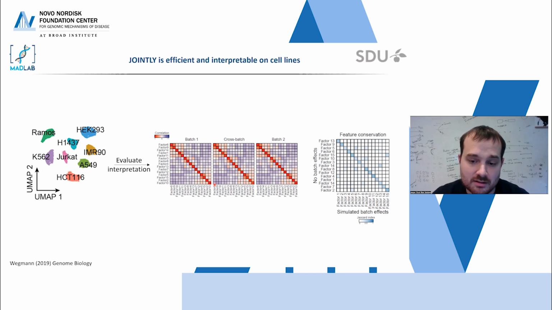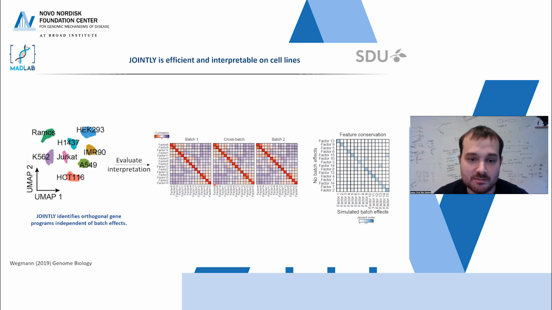And we can see that the modules are highly similar. They're not ordered in the same fashion, but there's approximately one-to-one correspondence between the genes associated to factors with and without batch effects. So that led us to conclude that jointly can identify orthogonal gene programs, and it does so almost independently of batch effects.